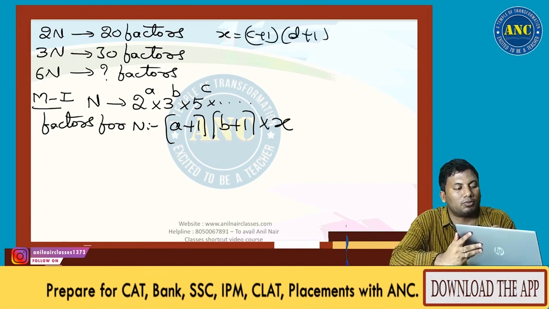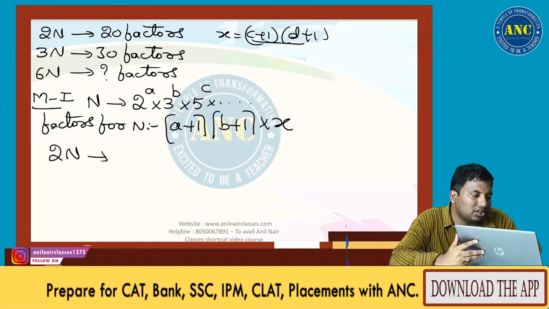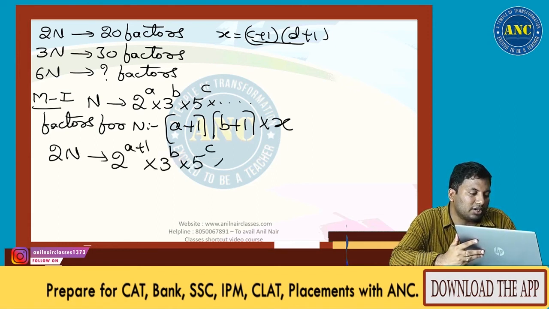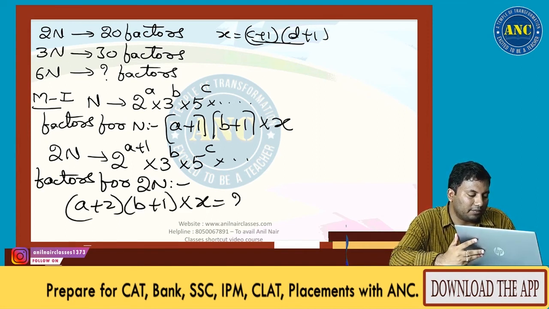I am more focused on 2 and 3 because the coefficients of n are 2 and 3. 2n is nothing but 2 power a plus 1 into 3 power b into 5 power c. Factors for 2n will be a plus 2 into b plus 1 into x, which is 20. Factors for 3n.